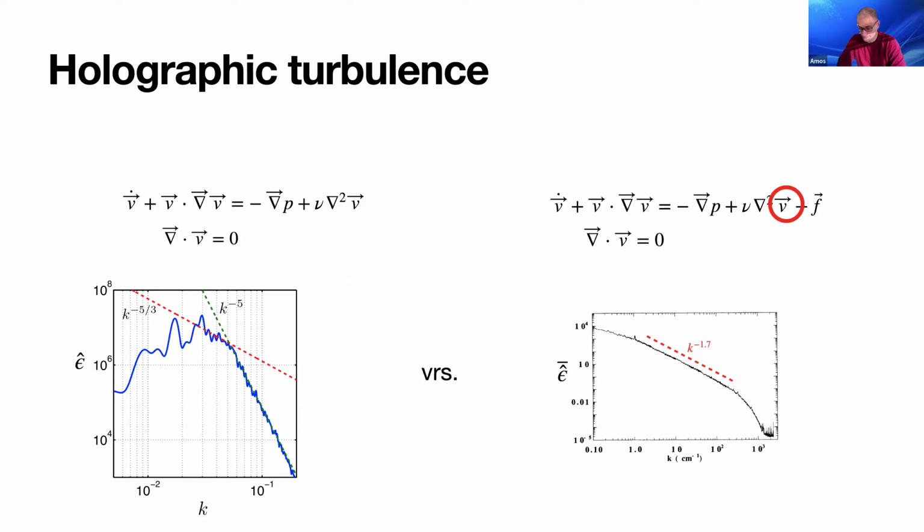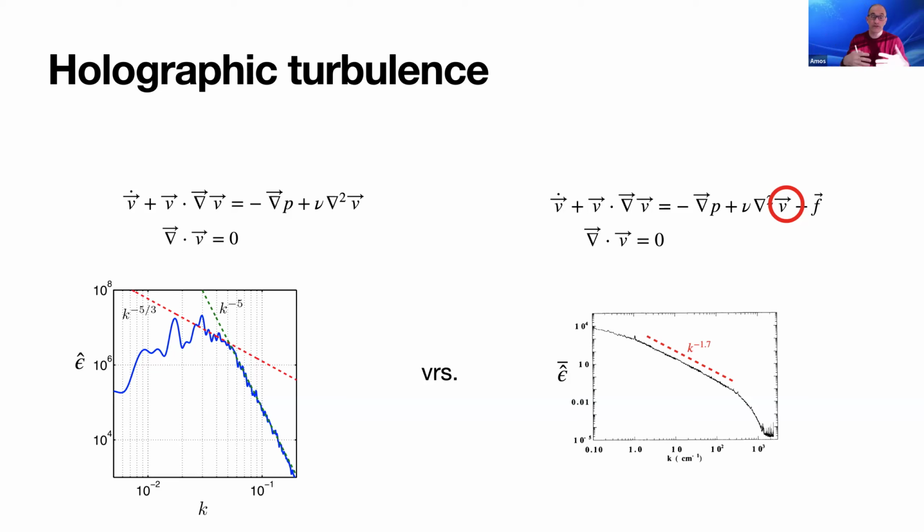If we really want to compare things correctly, we should compare turbulence without forcing to turbulence without forcing. What people mean by turbulence which is not forced is something a little different from what I started with. You excite the system, and then you wait, and then it becomes turbulent, and then you take a snapshot at just the right time of the energy power spectrum, and you might see a minus 5/3 law. This is called decaying turbulence.